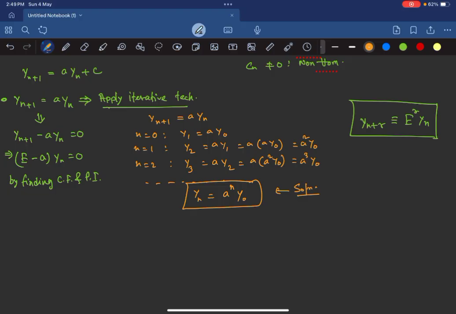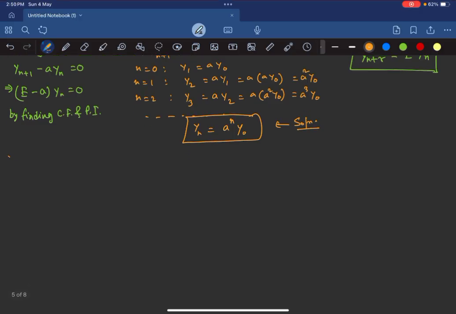Okay, so let's take one problem. Solve the first question: y_{n+1} = -y_n, with y_0 = 3. See the solution. You can apply the iterative method, that means y_n = a^n y_0.